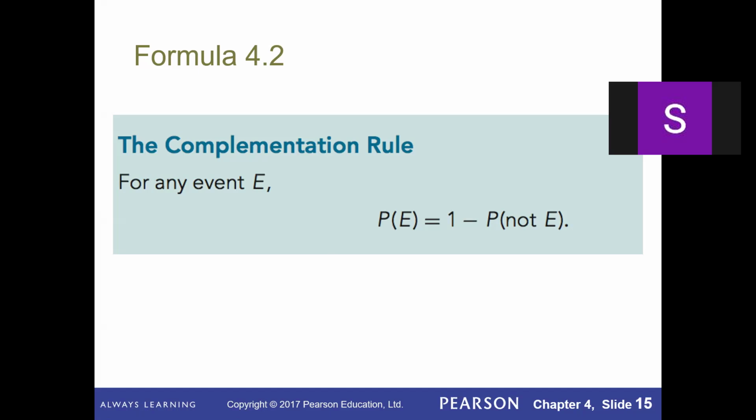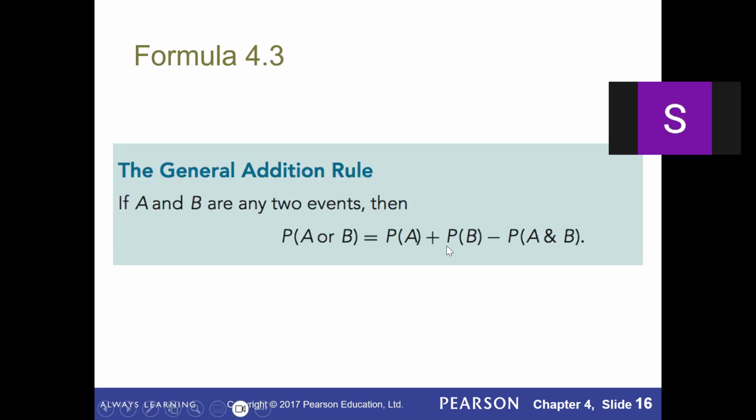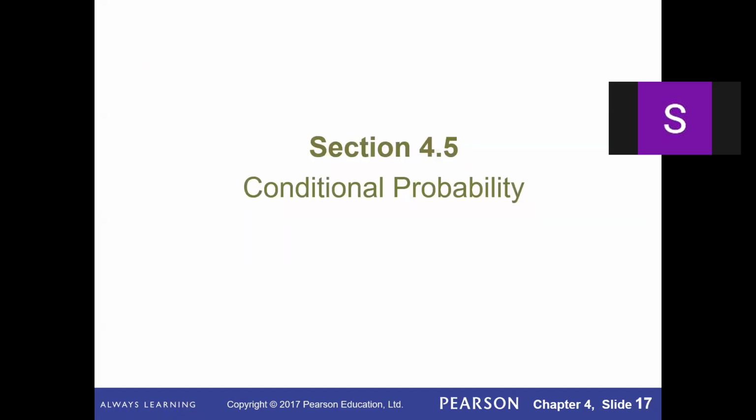Probability of E is equal to 1 minus probability of not E. Then we have the general addition rule that probability of A or B is equal to probability of A plus probability of B minus probability of A and B.